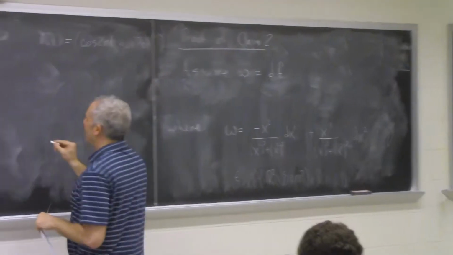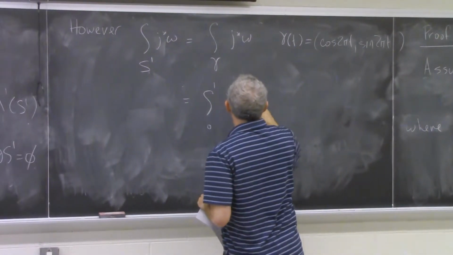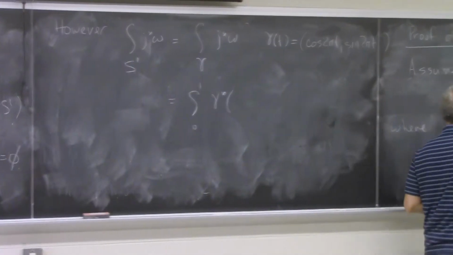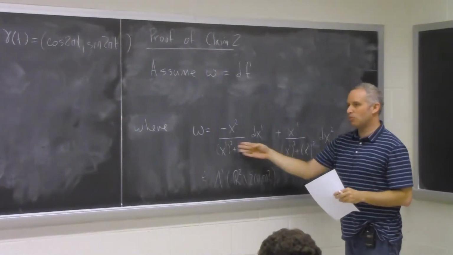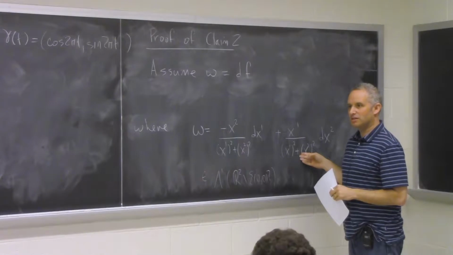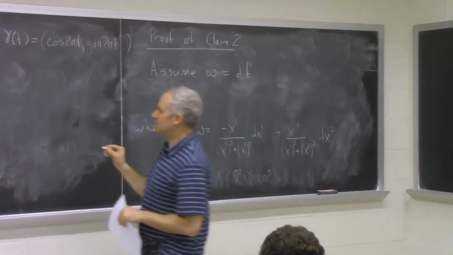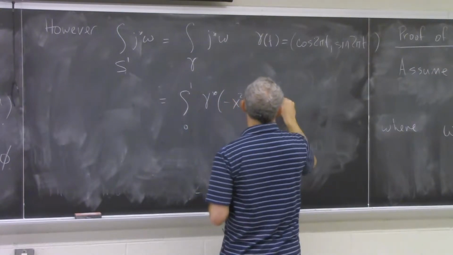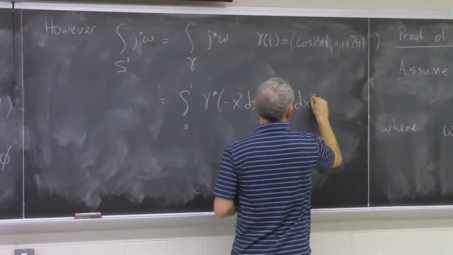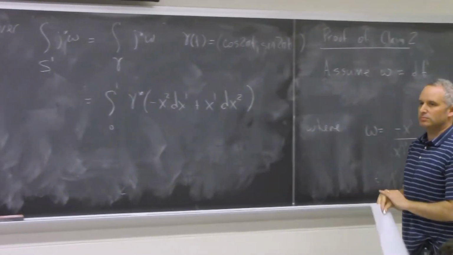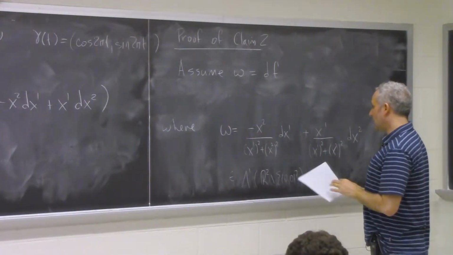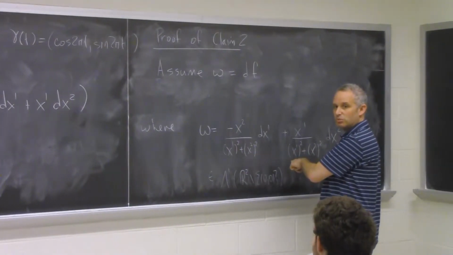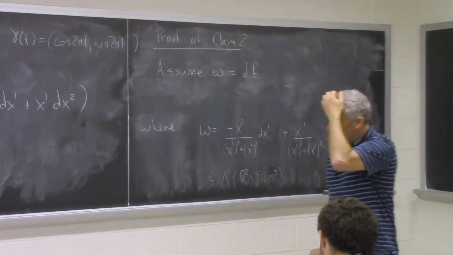So what does J star of omega look like? Well, when we restrict it to the circle, these become 1s, right? So we have minus x2 dx1 plus x1 dx2. I just took this and used the simplifying fact that we're on the unit circle to make these 1s. All right, now we have to do the pullback.